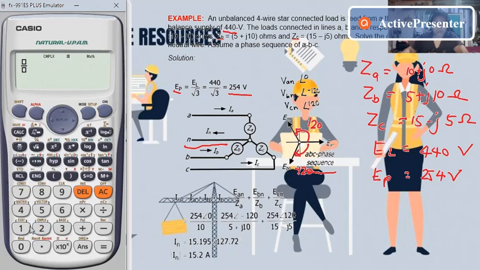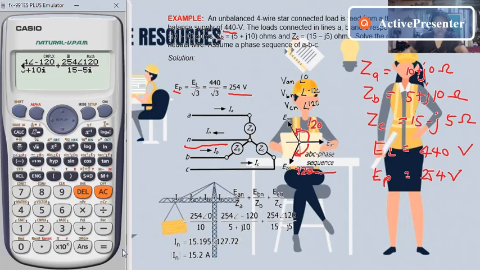So EAN, which is 254 with an angle of 0 from the phase sequence, divided by our ZA given, 10 plus 0i, then plus EBN, 254 with an angle of negative 120, divided by ZB from our given, which is 5 plus 10i, plus our ECN, 254 with an angle of positive 120, divided by our ZC, which is 15 minus 5i.